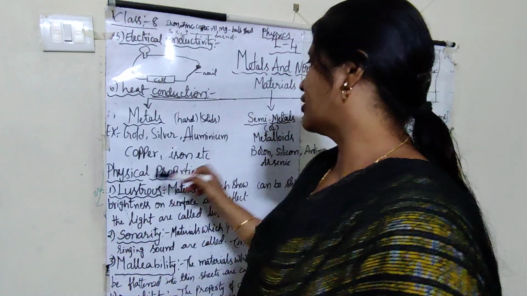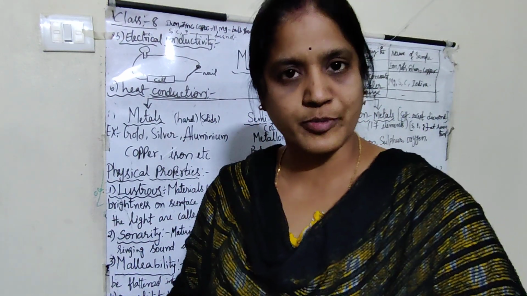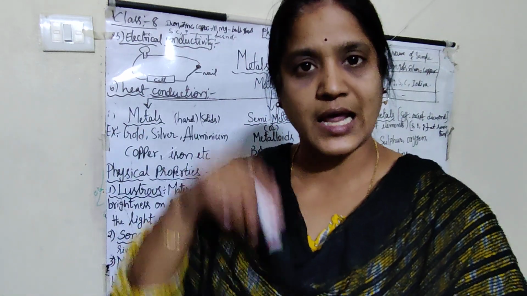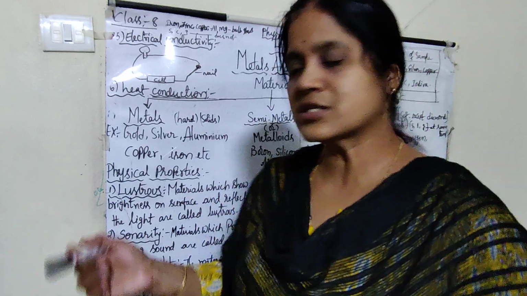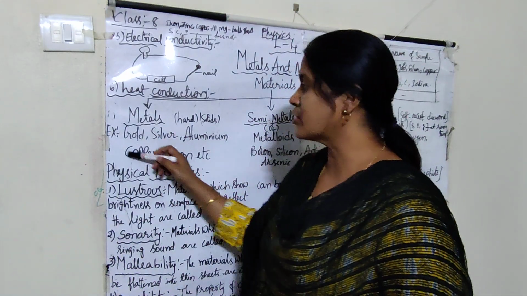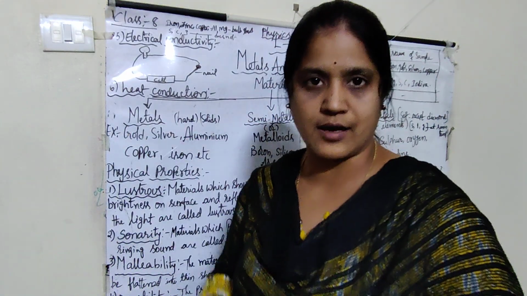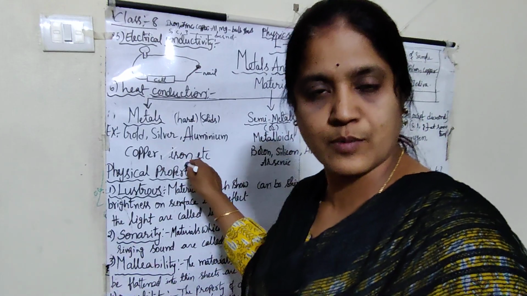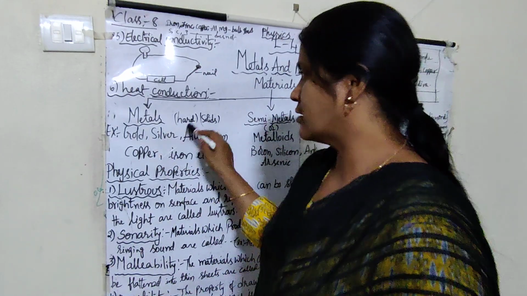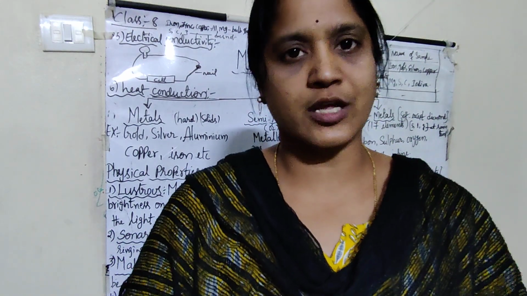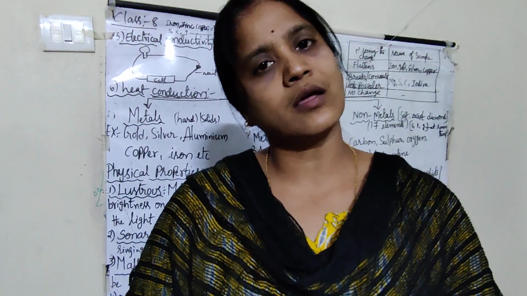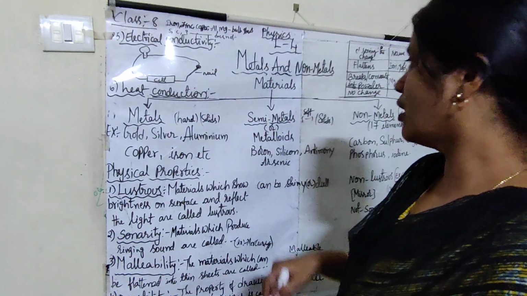Iron is used in the construction of bridges, railings, and slabs, and there are iron chairs and iron tools. So these are all the metals we use in our daily life, and these are some examples of metals. And these metals are very hard. When you touch them, you cannot break those metals. They're very hard.